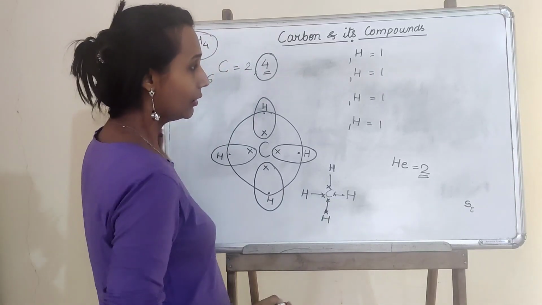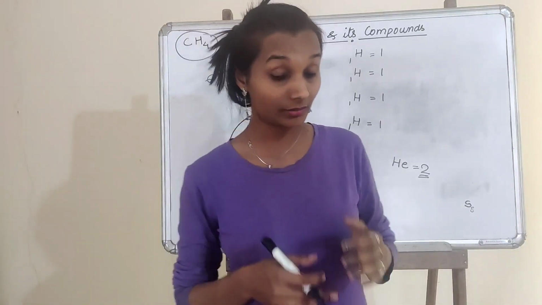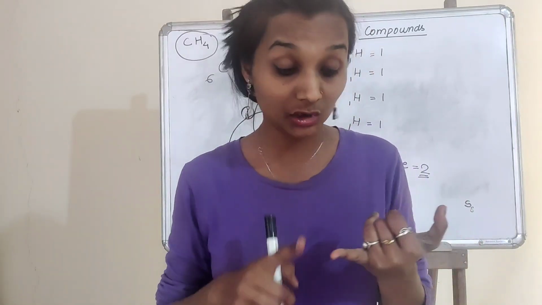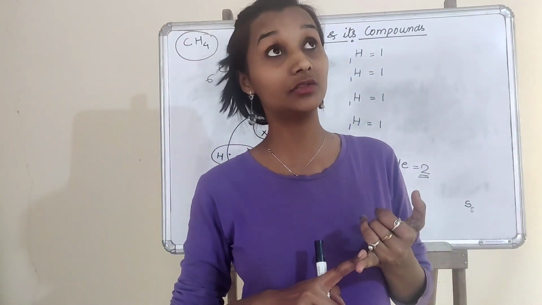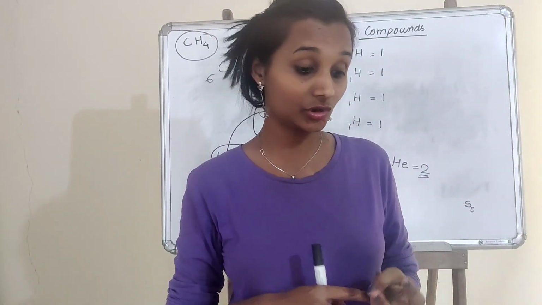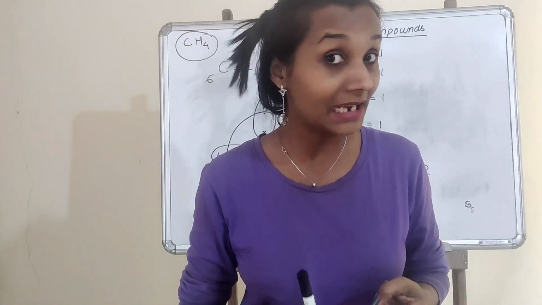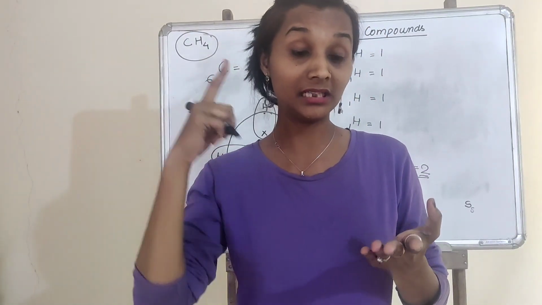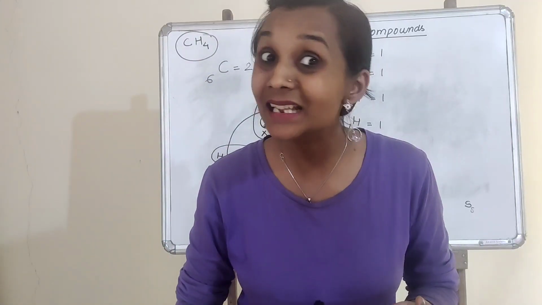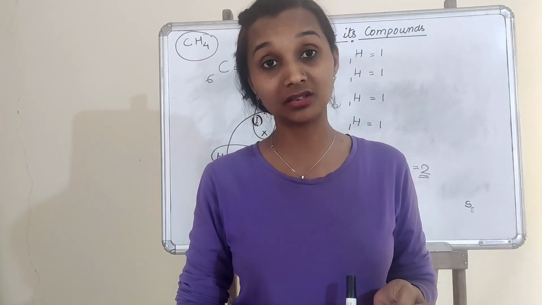Fine. Okay, so I had already taken the hydrogen molecule Lewis dot structure, chlorine molecule, and oxygen molecule Lewis dot structure. Then I have taken the N2 molecule, the NH3 molecule, and the CH4 molecule Lewis dot structure.